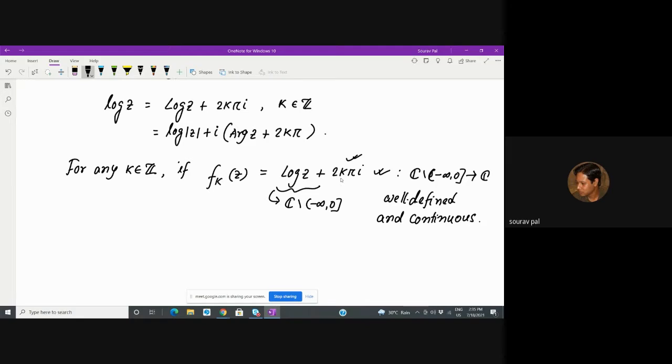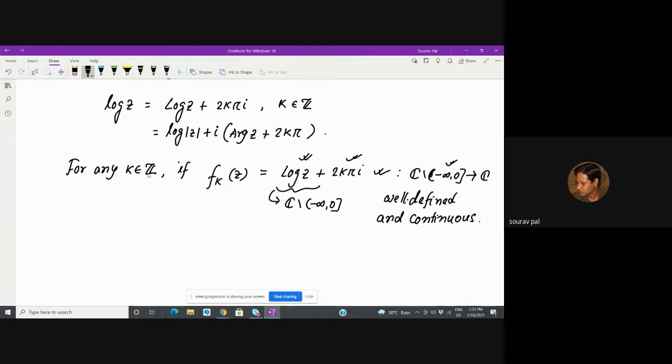Why continuous? Because this portion is continuous and this is just a constant. And since this function has discontinuity on this half of the line, so does f_k for every k, right? This f_k also has discontinuities on this particular half of the negative x-axis.